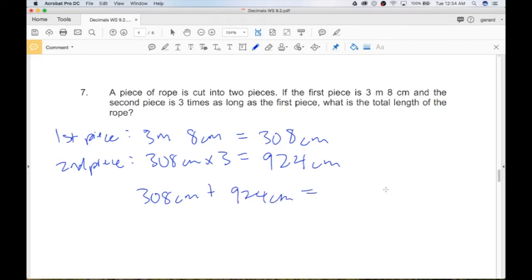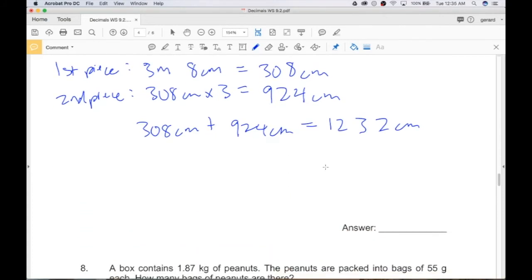So this will give me 1,232 cm. Double check. 1,232 cm. Just fill it in over here. 1,232 cm.